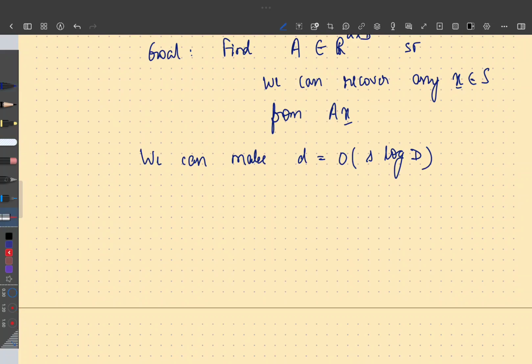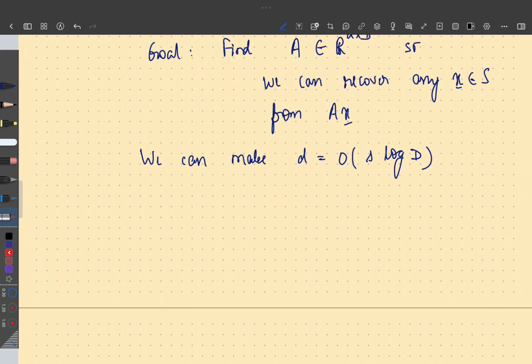Another way to see this is, suppose your goal was just to store this. You know that there are S locations which are non-zero out of D possible locations.